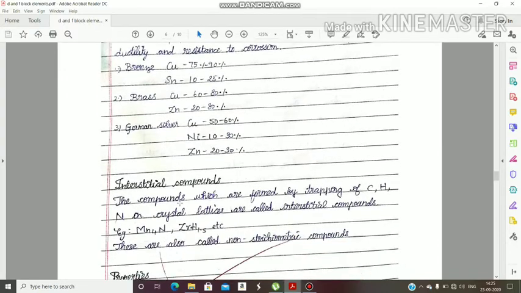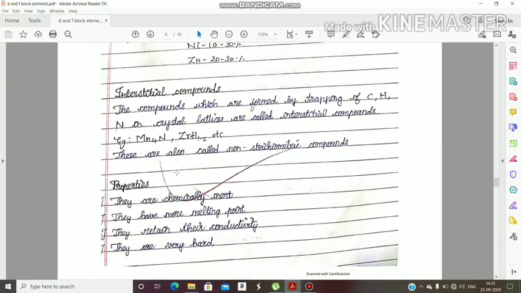Next, interstitial compounds. This is also an important topic and a very small topic. These are also called non-stoichiometric compounds, that means those compounds which do not have a specific composition. They are compounds formed by trapping of carbon, hydrogen and nitrogen in the crystal lattice. That means in the crystal lattice small gaps are there.